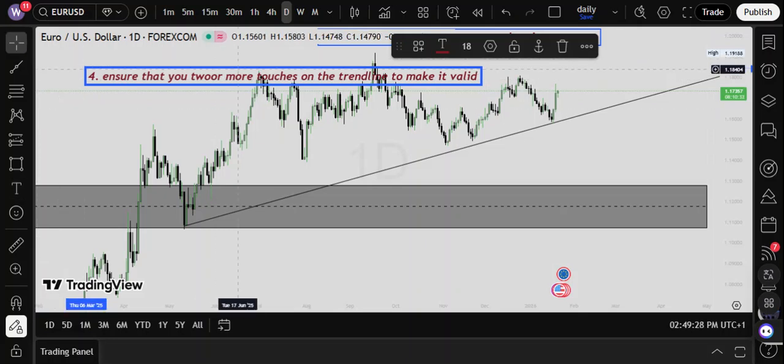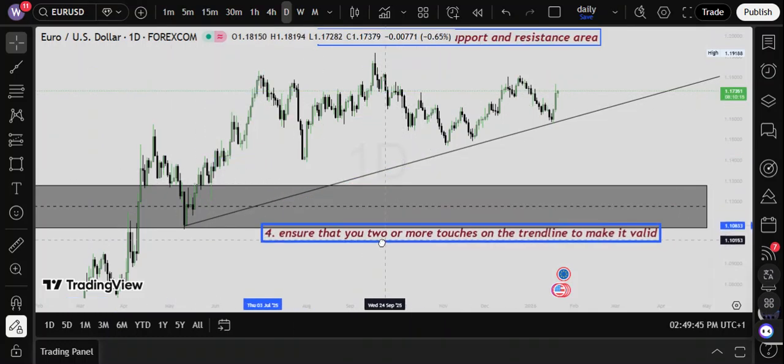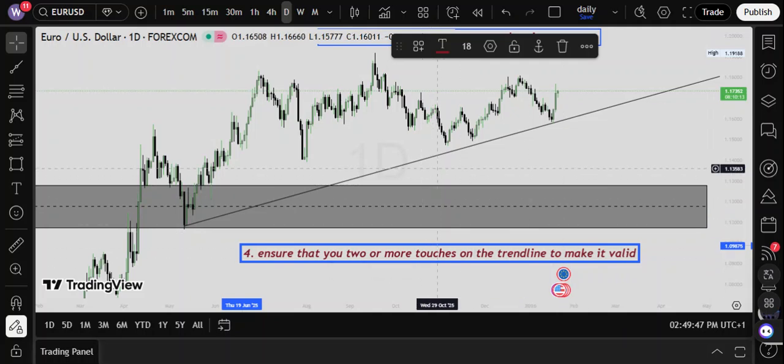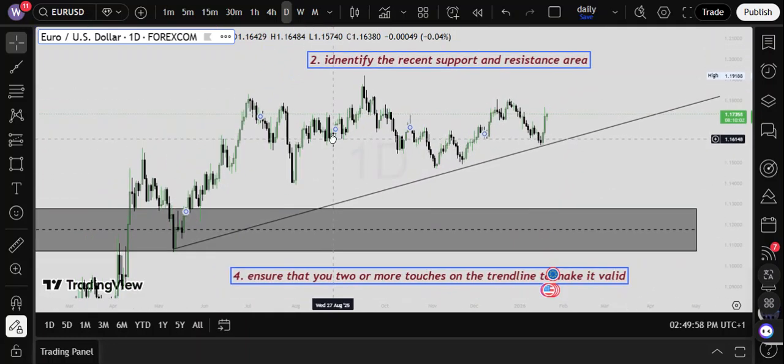You need two or more touch points to make that particular trend line valid, right? Now we have touch points one, two, three, and four for this. Now we've seen that the overall direction of this market is bullish.